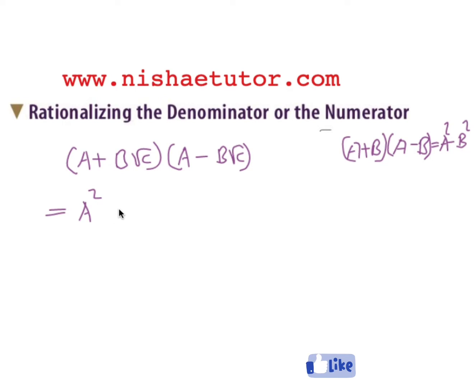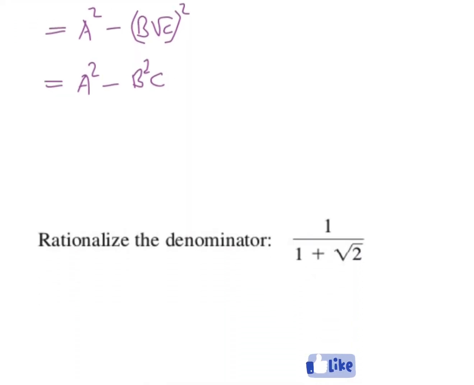So here a square minus b square root c whole square, so a square minus b square, and square root c squared will be c. So this is radical free, that's why we do this process. We get a radical free answer.